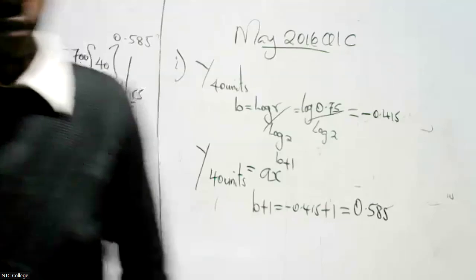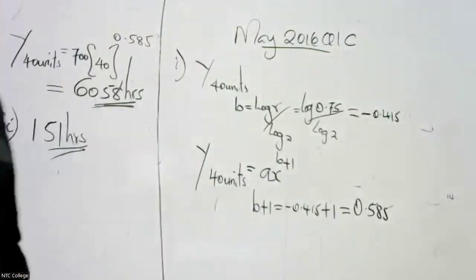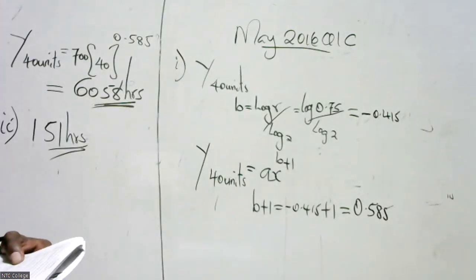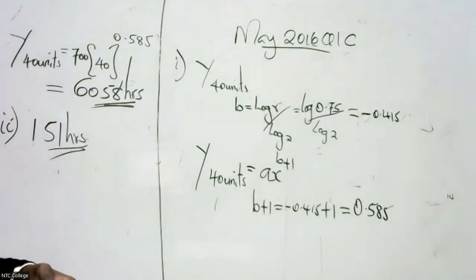What about Roman 3? Roman 3. They are saying, assuming that a worker works 28 hours per year. Determine the number of workers that should be assigned to this contract to complete it in a year.